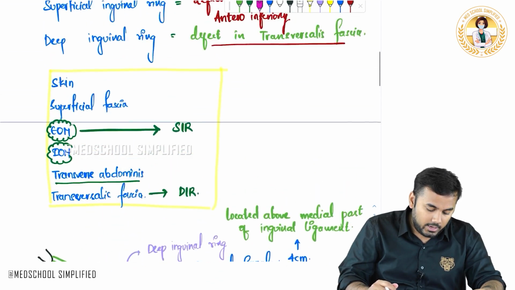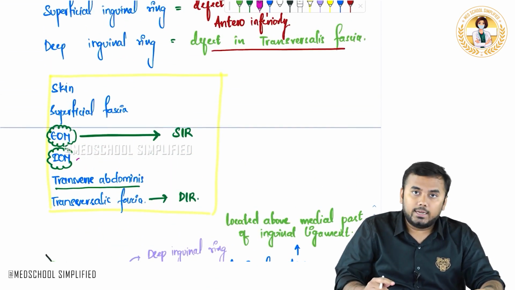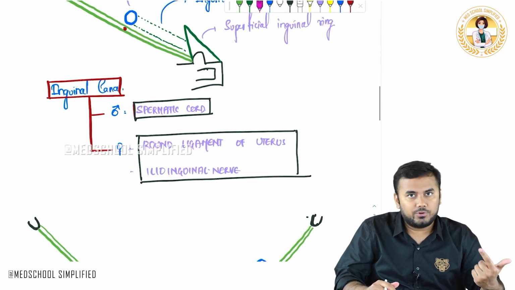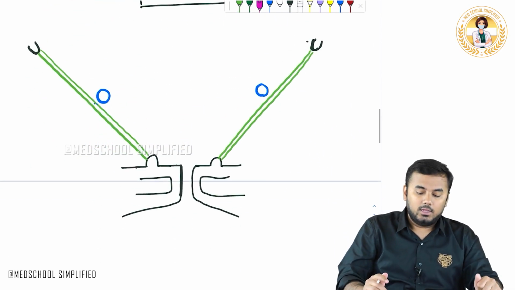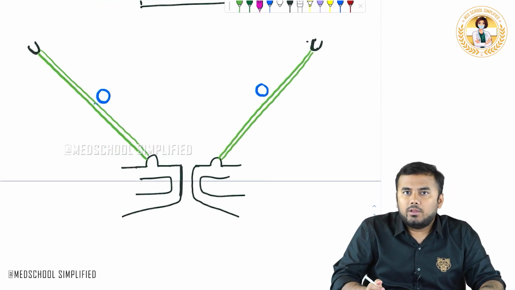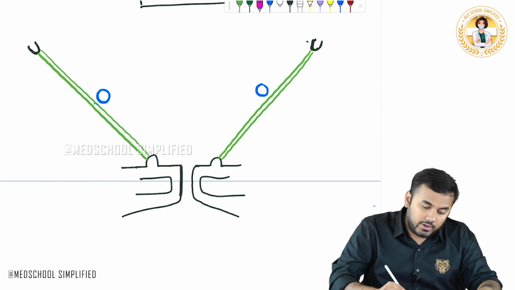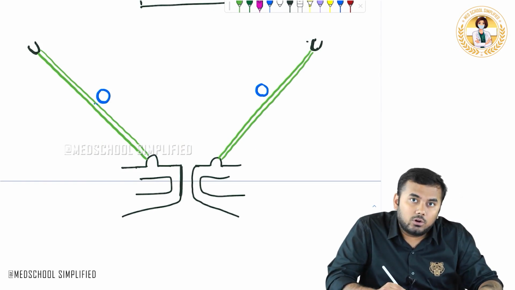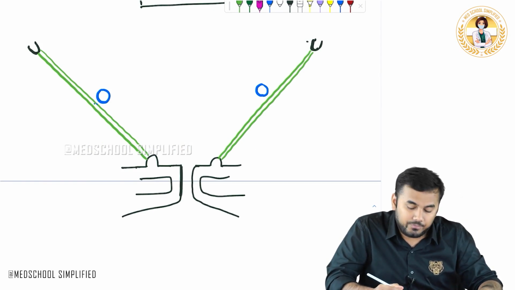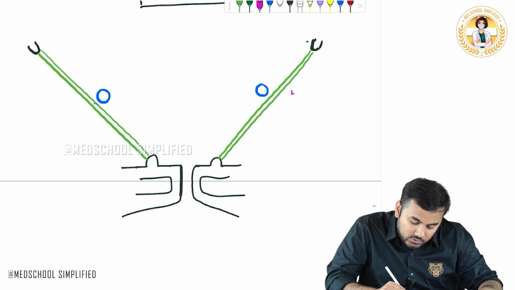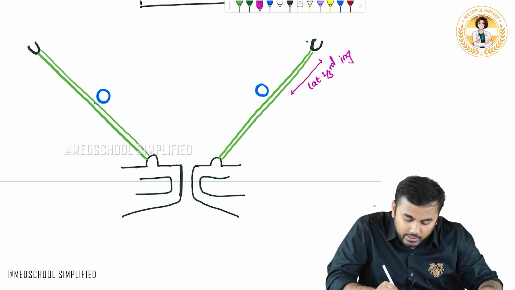External oblique is done. External oblique forms the superficial ring, that is done. Now internal oblique. From where does the internal oblique fiber start? Internal oblique fiber starts from the lateral 2/3 of the inguinal ligament. This is the inguinal ligament. So lateral 2/3 in the sense this one, right? So from the lateral 2/3 of the inguinal ligament.